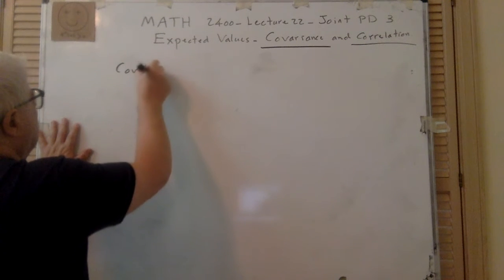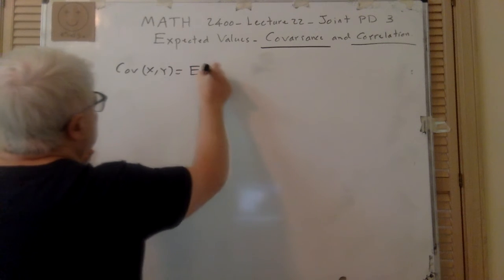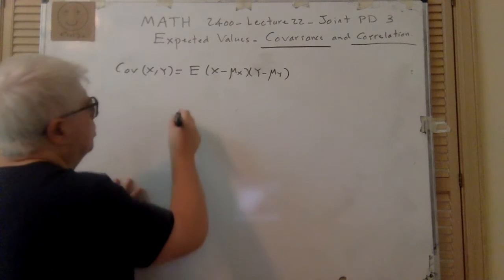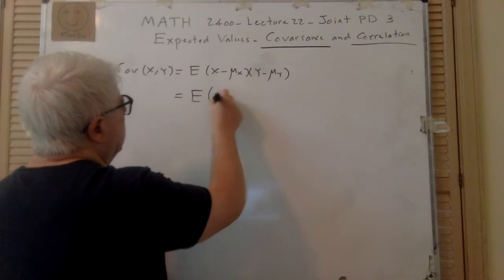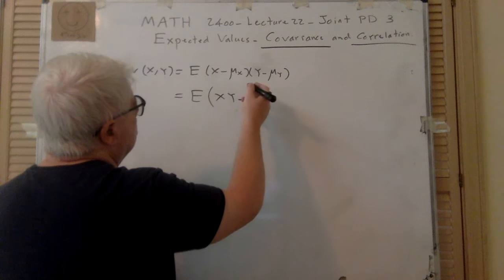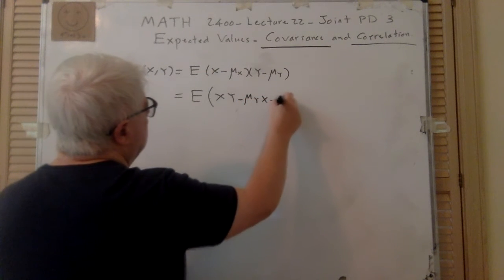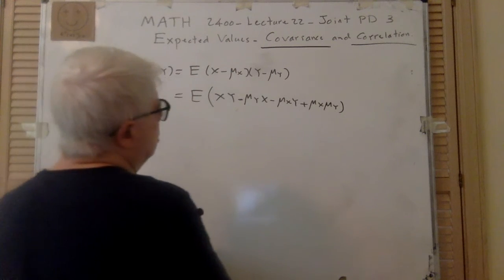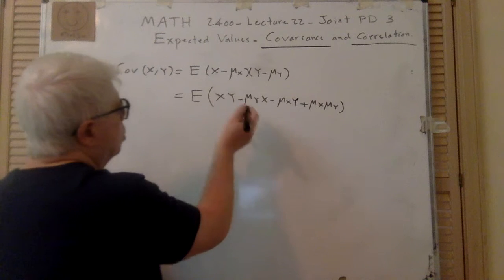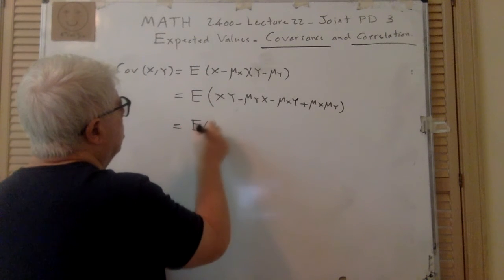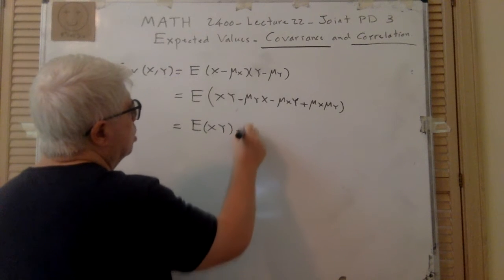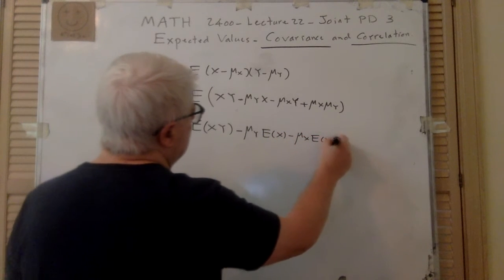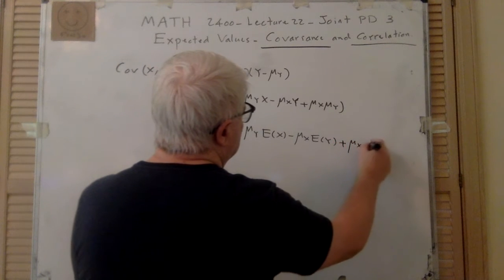I have the covariance of X and Y, and I define this to be the expected value of X minus mu X times Y minus mu Y. So let's multiply: XY minus mu Y X minus mu X Y plus mu X mu Y. And I know expected value acts like a linear function, so it distributes over these: E of XY. This is a constant, so the constant comes out of the expected value: minus mu X E of Y, plus mu X mu Y.